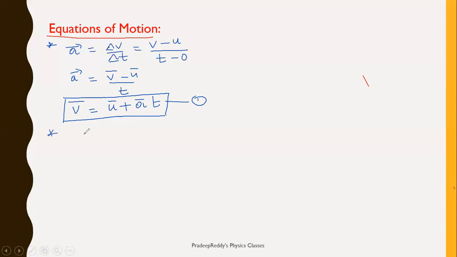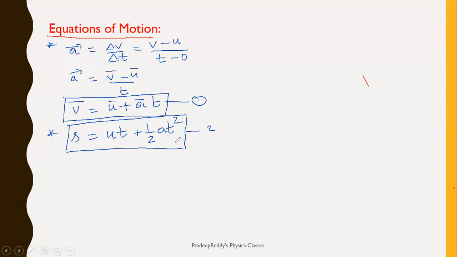And the second equation of motion gives you the relation for displacement, that is s is equal to ut plus half at square. This is equation number 2.